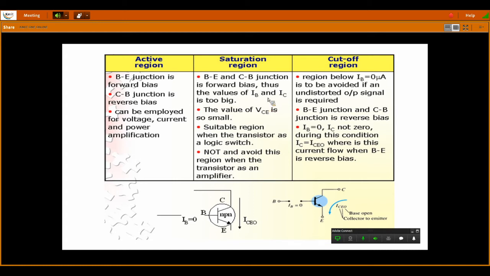Whereas in saturation region, both junctions, base to emitter and collector to base, are forward biased. Thus, the values of your IB and IC are very high, so the collector to emitter voltage VCE is small. So it is a suitable region for a transistor to be utilized as a logical switch.